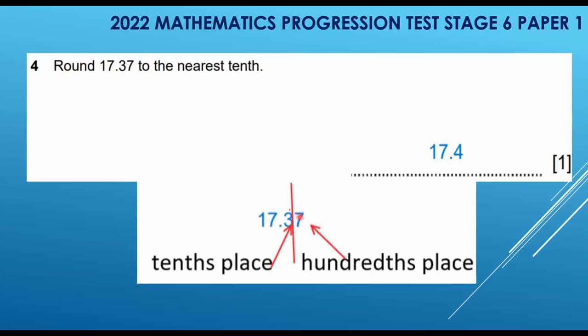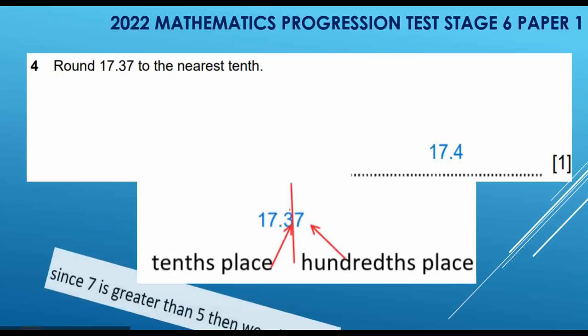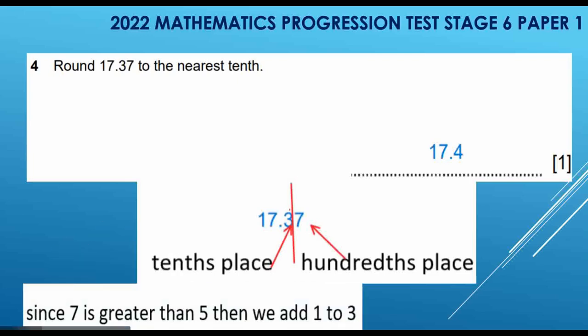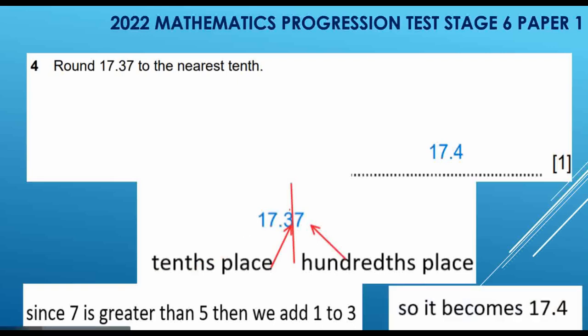In this case, 7 is more than 5, so we add 1 to the last digit 3, and it becomes 17.4.